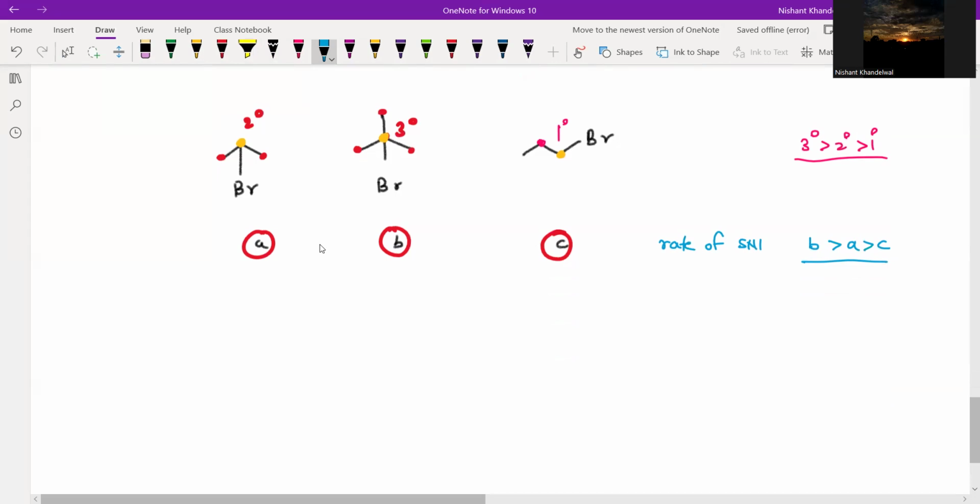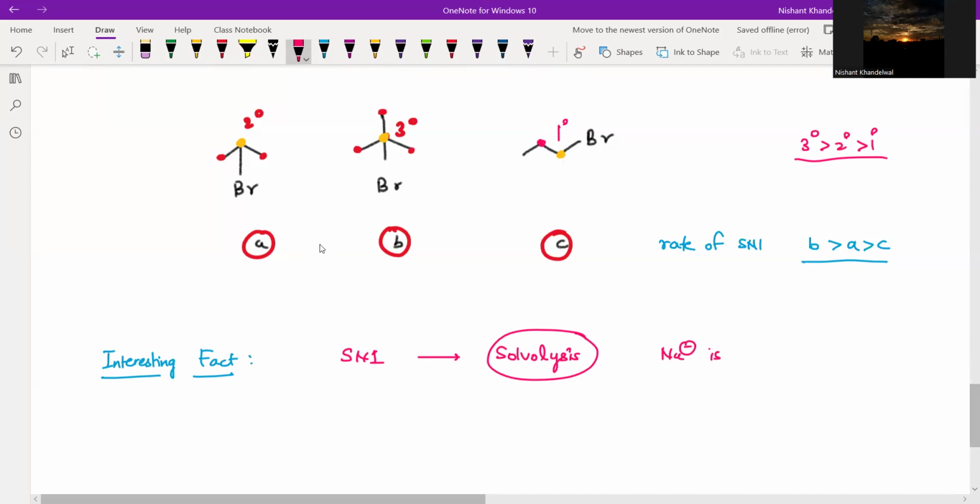The interesting fact is that SN1 is also called solvolysis, because here the nucleophile is the solvent. So SN1 is also called solvolysis.